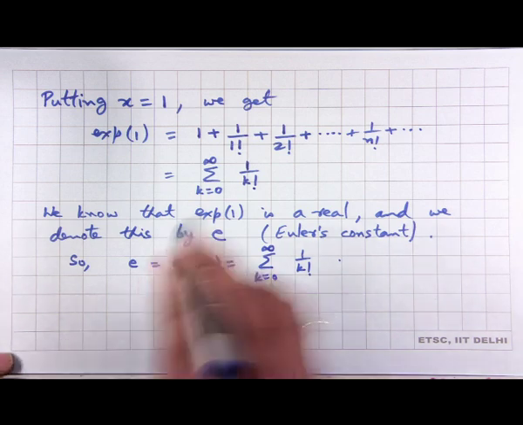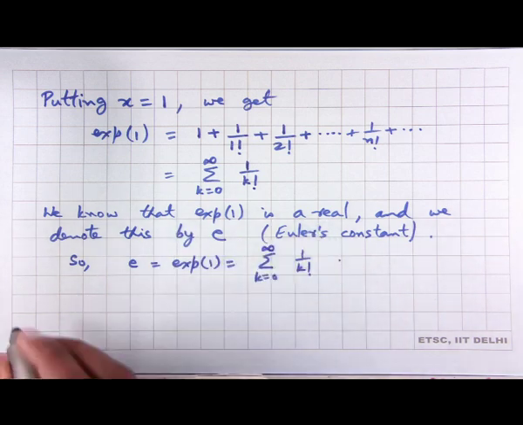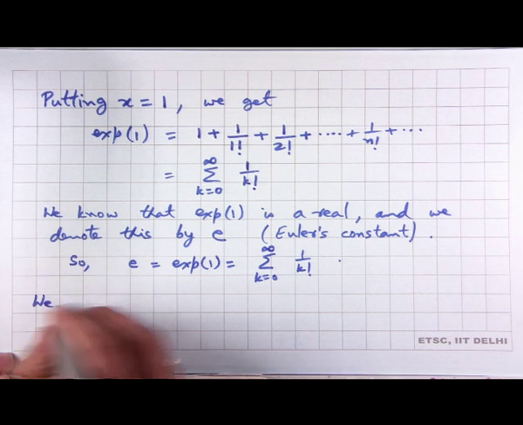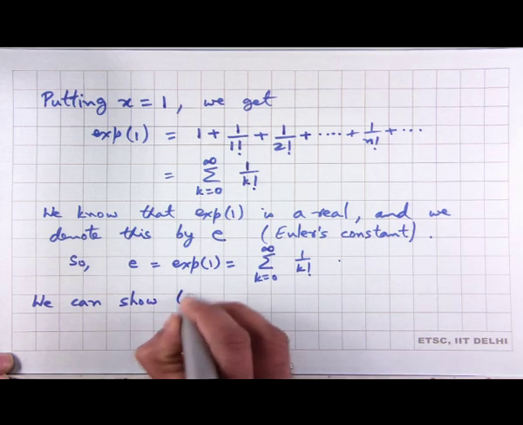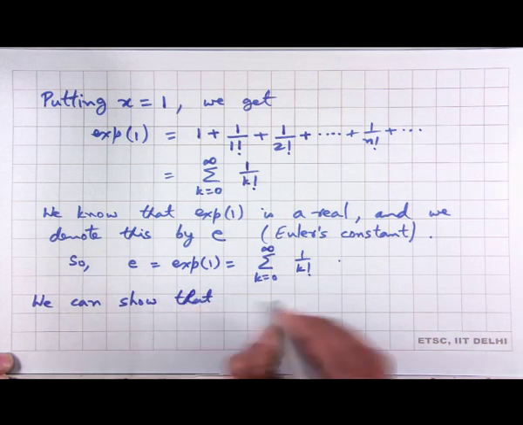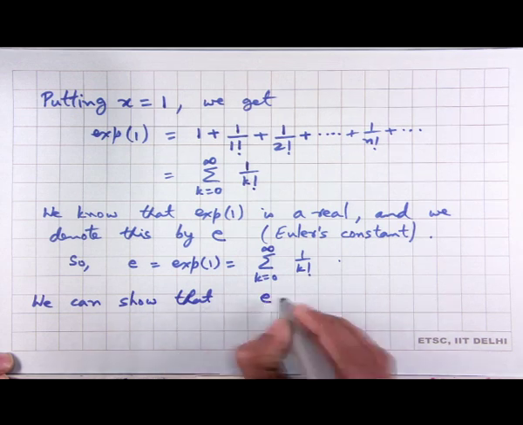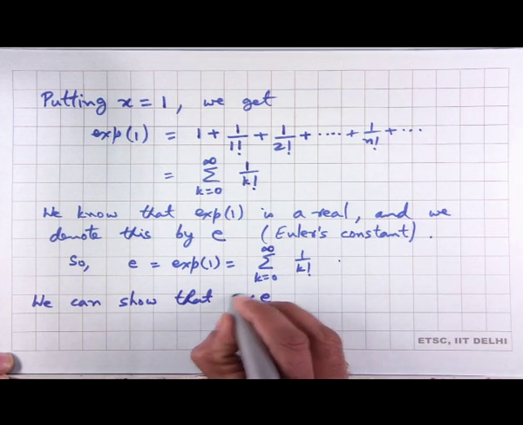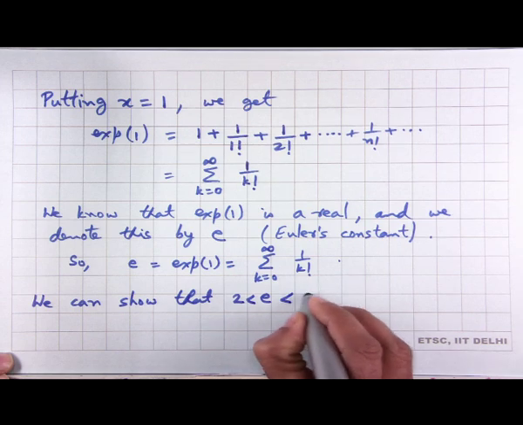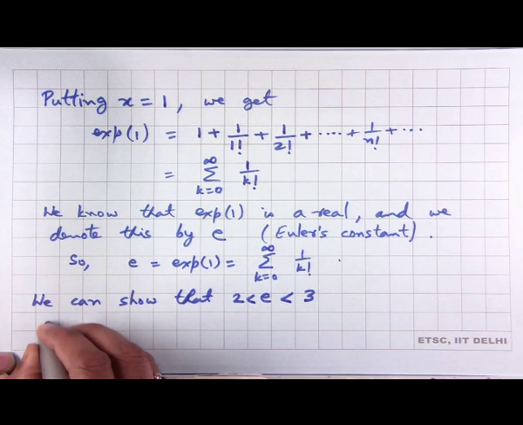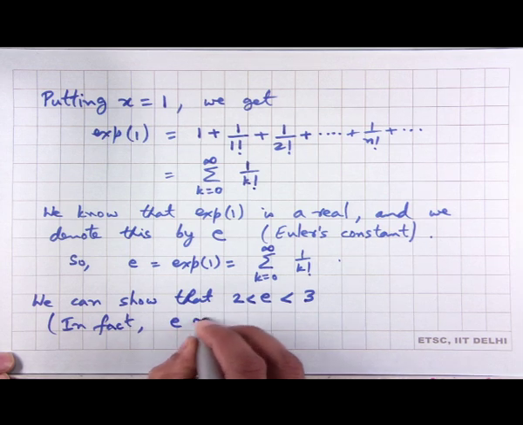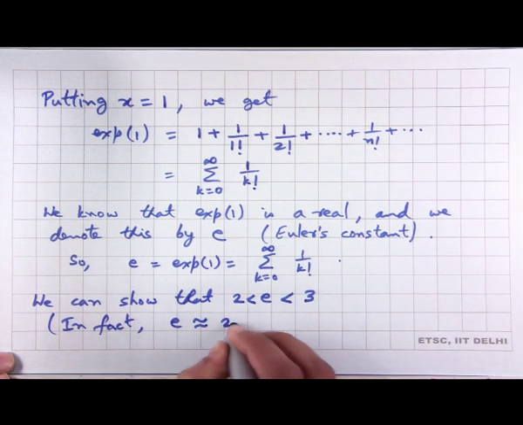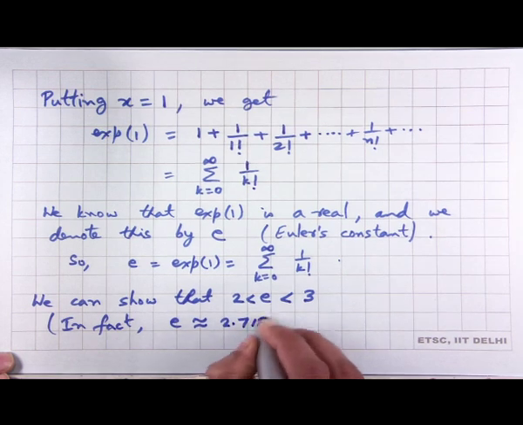In fact, we can show that this E is some real number which is bigger than 2 and less than 3. In fact, E is approximately equal to 2.718.